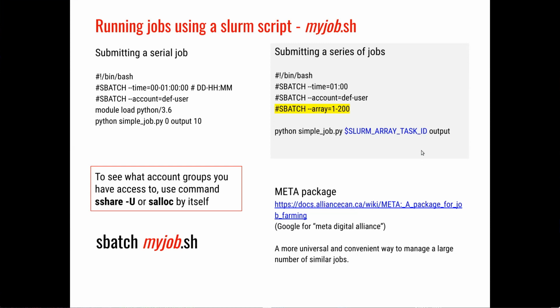Now, on the right-hand side, this script shows how we can submit a whole bunch of jobs at once. In this example, I'm going to run 200 cases. And my Python script will take an input, a task ID, a base name for the output, and something else. I think this is missing. But anyway, this example shows I'm running a Python script.